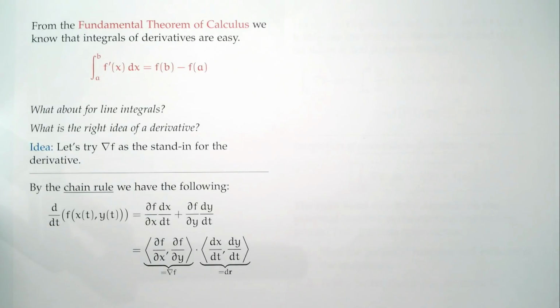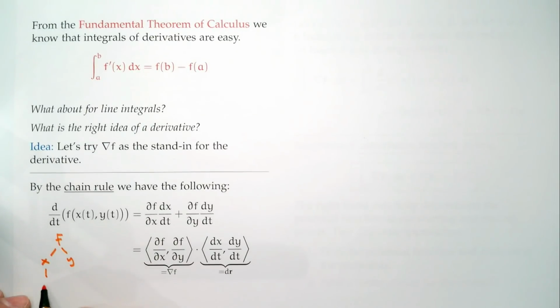Now, if we start here, we're going to apply the chain rule. So this is my function. Originally it's a function of 2 variables. So the picture for the chain rule says my function is a function of 2 variables, x and y. And then x is a function of t, and y is a function of t.